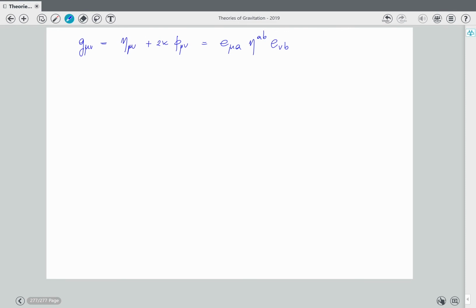Basically, apart from the eta, e is the square root. So first, in flat space, e_mu^A would be eta_mu^A.